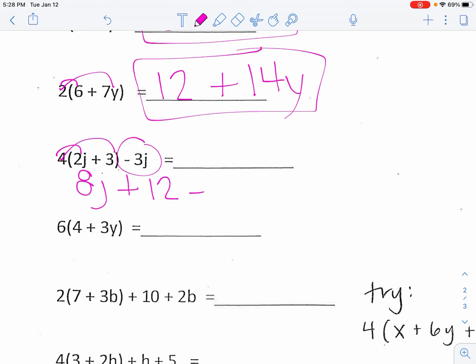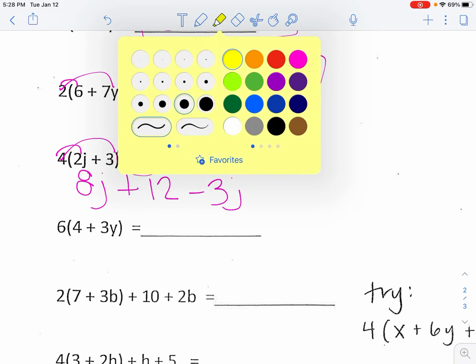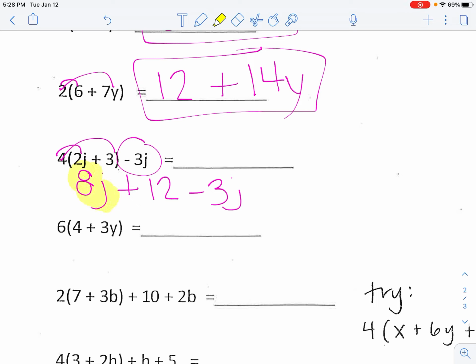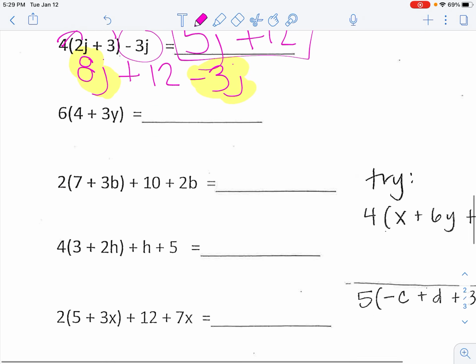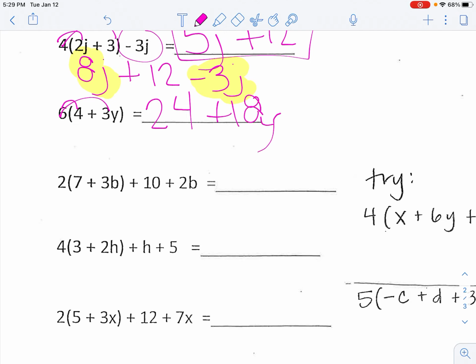And I've got this minus 3j out here to the side. Now we're going to combine like terms. I've got 8j minus 3j. 8 minus 3 is 5, so that's 5j plus 12. 6 times 4 is 24. 6 times 3y is 18y.